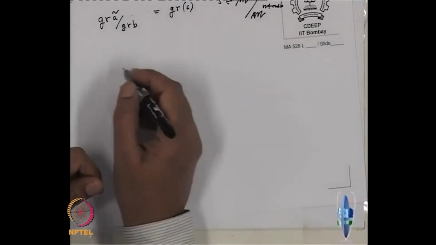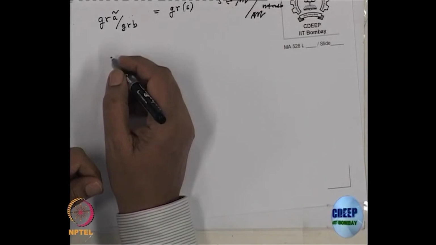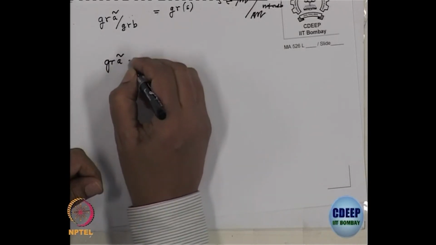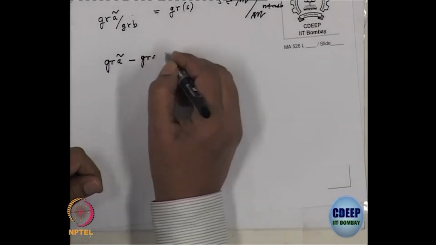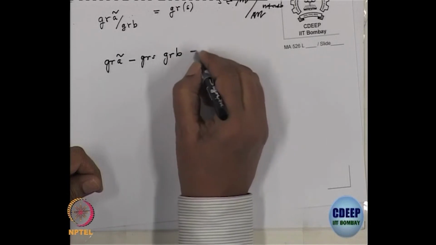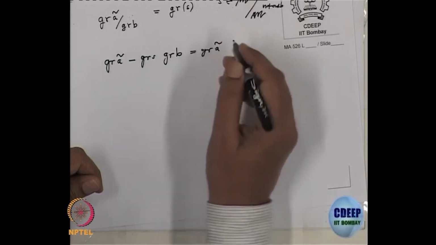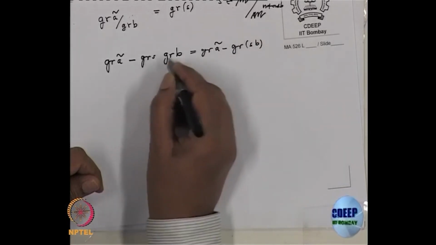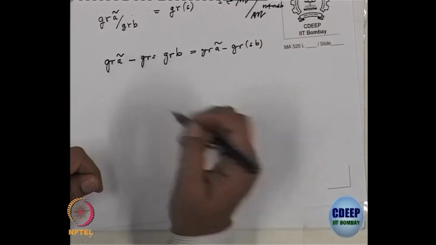But this means, look at GR A tilde minus GR S, multiplied by GR B, which is equal to GR A tilde minus GR S B, because that is how the product is defined in the graded ring.